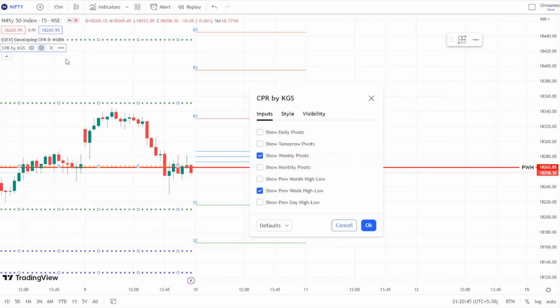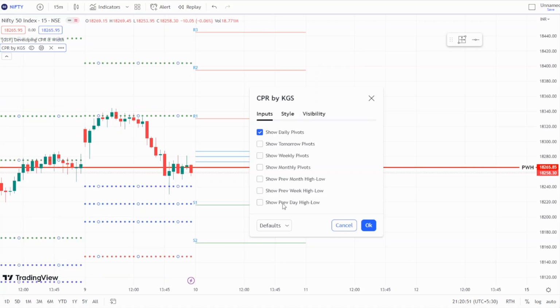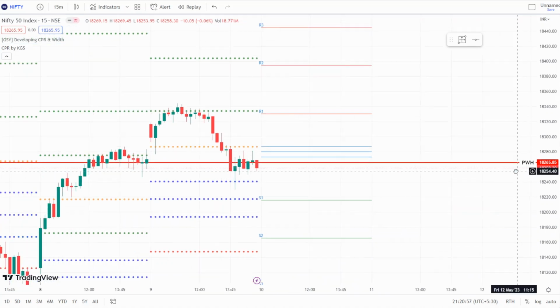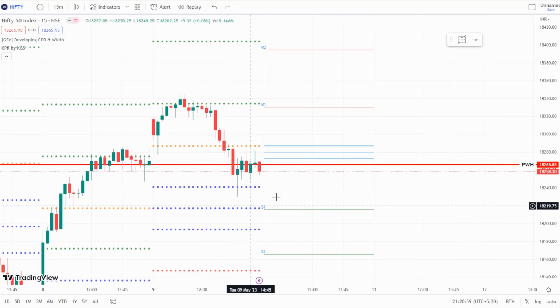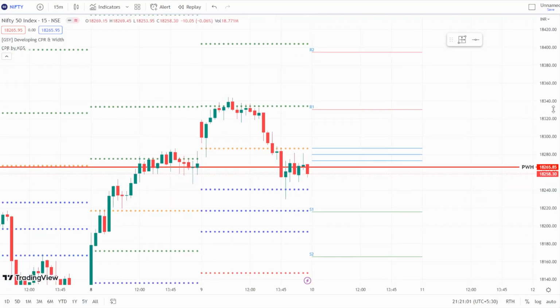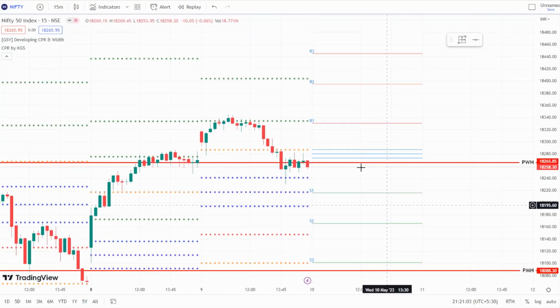For tomorrow, say for example, I'll just put down the daily CPR, what happened today, so you can have an understanding of tomorrow's CPR. So tomorrow's CPR is above today's CPR, so we can expect an up move, but you need to be sure when you have to take the trade.